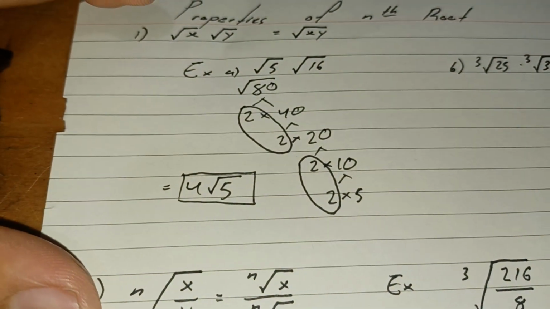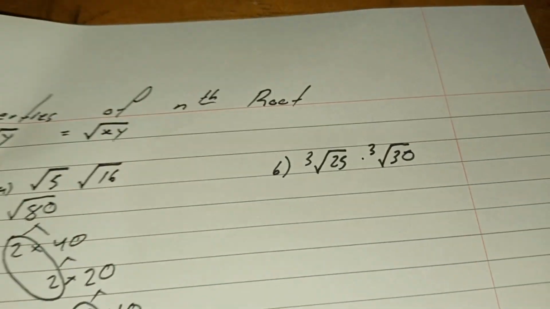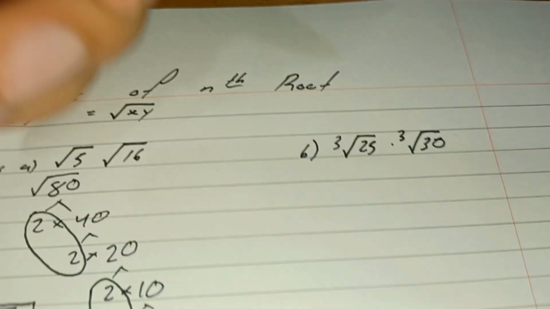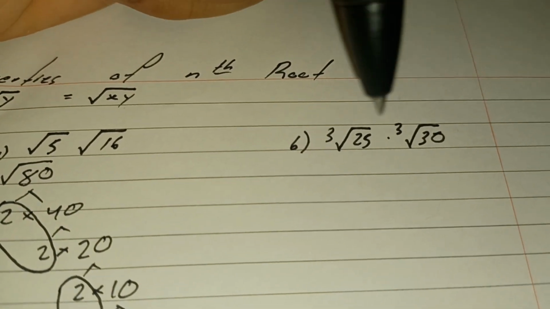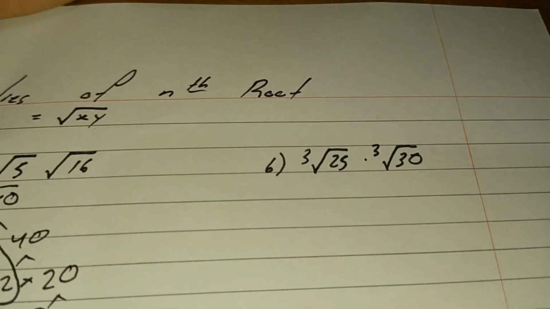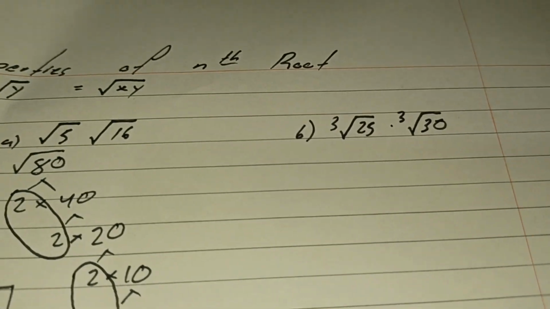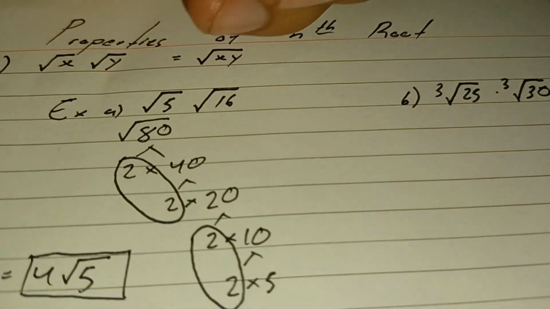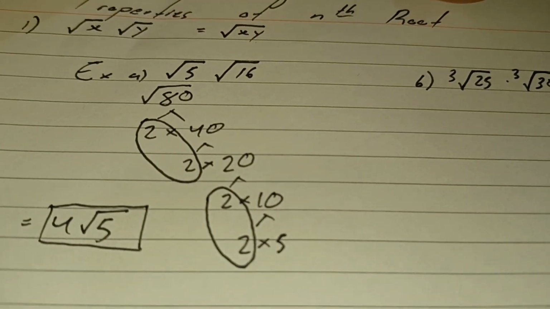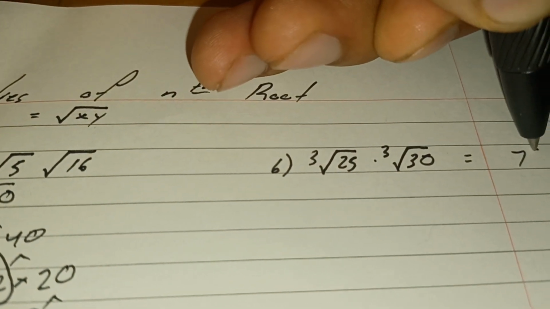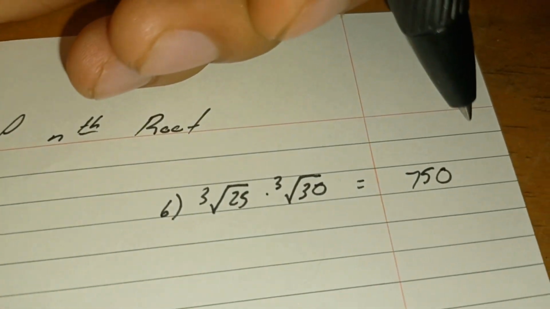All right, move on to the next one. Letter B, the cube root of 25 times the cube root of 30. Again, same process. You multiply the inside of the cube root, 25 times 30, which is going to equal, you can use your calculator if you can't do this mentally, 750, I believe. 750.